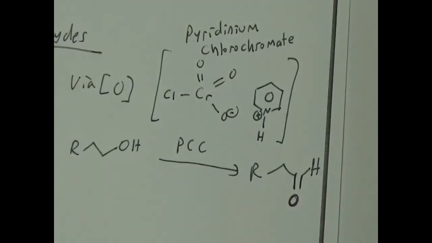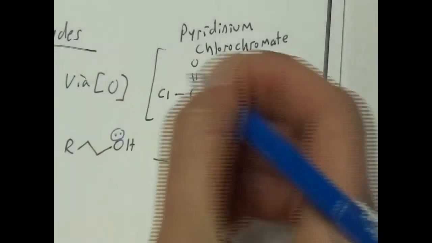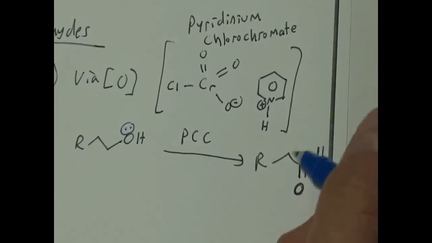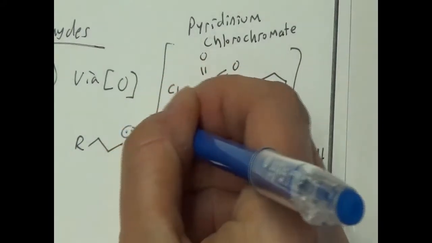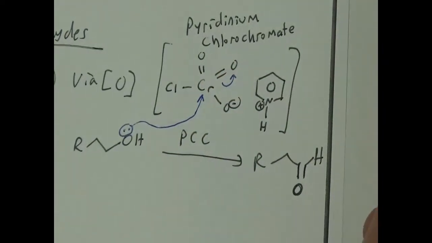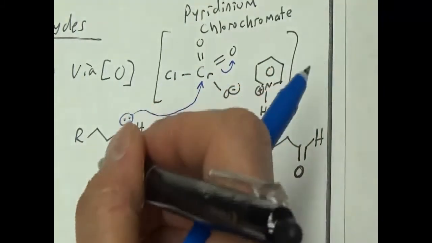I'm going to give the abbreviated mechanism because it was really an Organic 1 thing. I'm not going to test you on this mechanism because I think it's not that exciting. But anyway, oxygen attacks chromium and kicks electrons onto one of the oxygens. What does that give you?